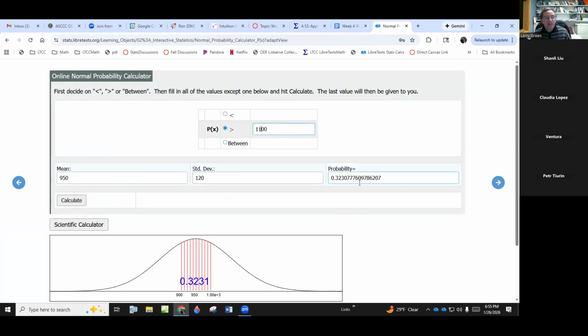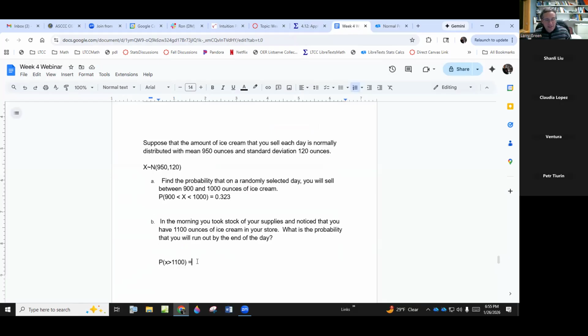Same mean, same standard deviation, and we find the probability. And there's a little more than 10% chance, almost an 11% chance, 0.1056 or so. Any questions?